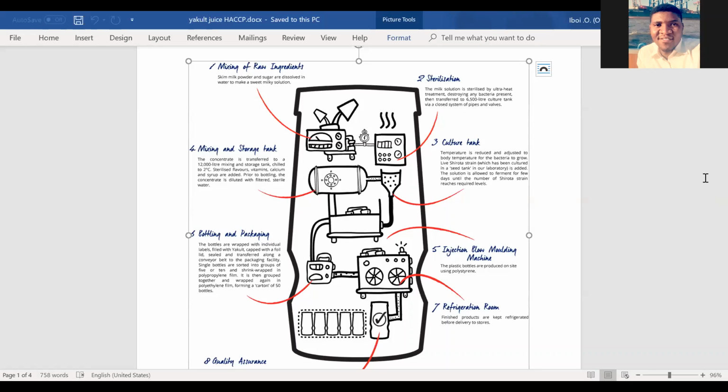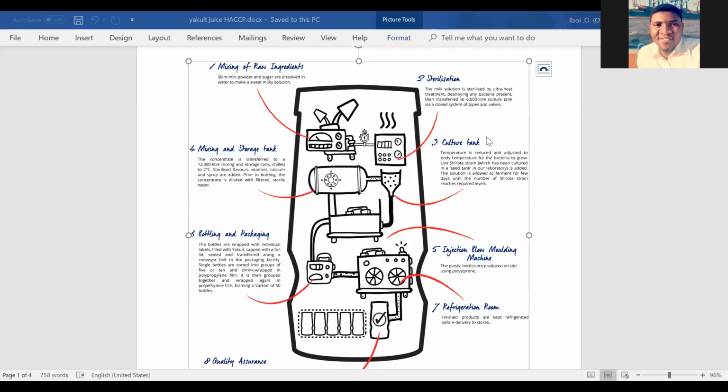I already see Chidima's own, so I will see how both of them tie in. I'll read hers and read mine, so if there's a gap anywhere, then we can address it. For her, the first one is mixing of raw materials, raw ingredients, skim milk and sugar.